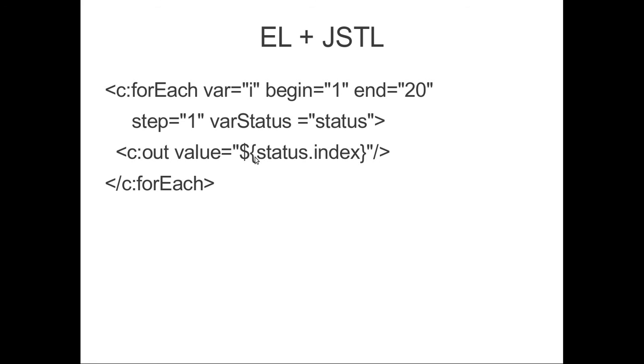And here we're doing something a little bit strange, and you should play around with this. We're using c:out to print something out, and we're using the status variable. So this is setting a variable for us called status, and we're just getting this. You should go ahead and play around with this, and in the lab you'll see an example of this.